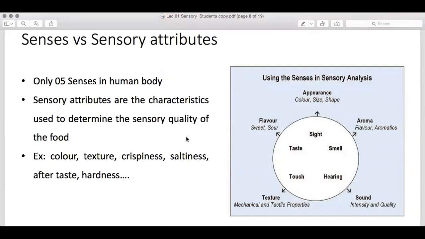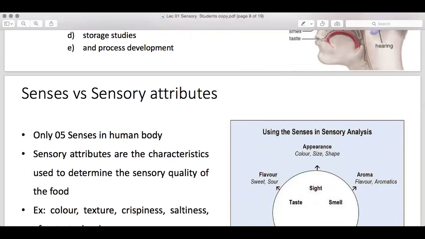Right. Do you know what the differences are between senses and attributes? How many senses do we have? How many senses do we have? We have discussed. 5, 7. Yes, great.